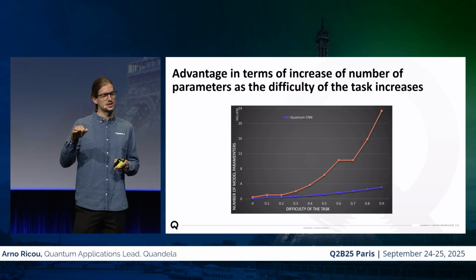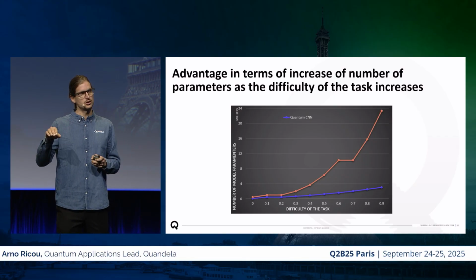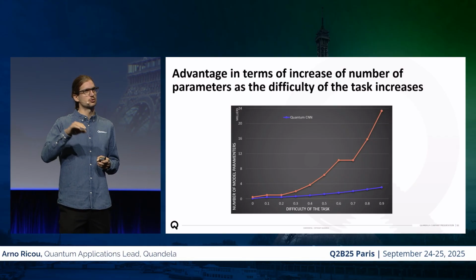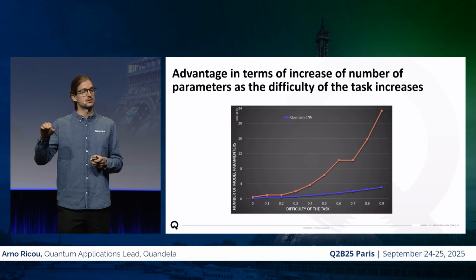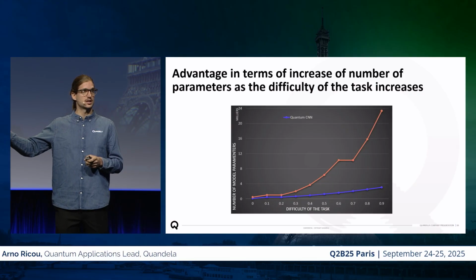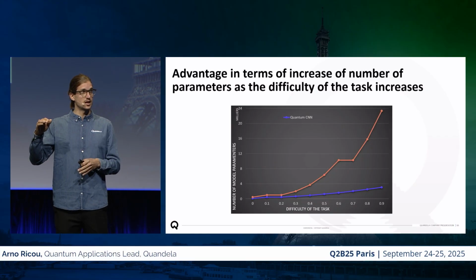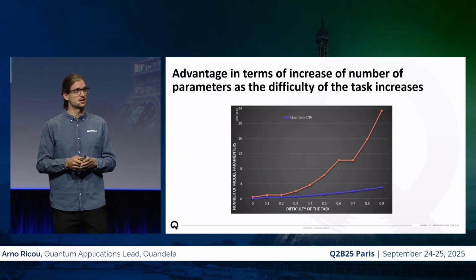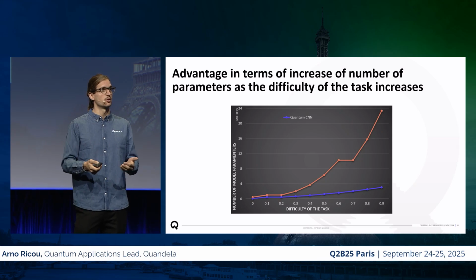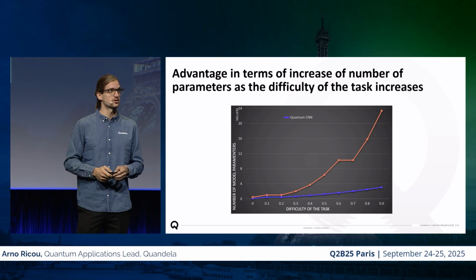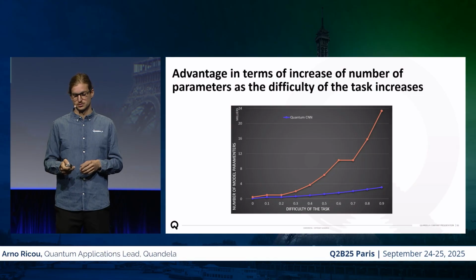And for a given accuracy, you see that with the quantum model, you need much fewer parameters to reach a certain accuracy as the complexity of the task increases, compared to the classical one. We see that there's a big gap as we increase the complexity of the task in the number of parameters needed. We need much fewer quantum parameters compared to the classical model.